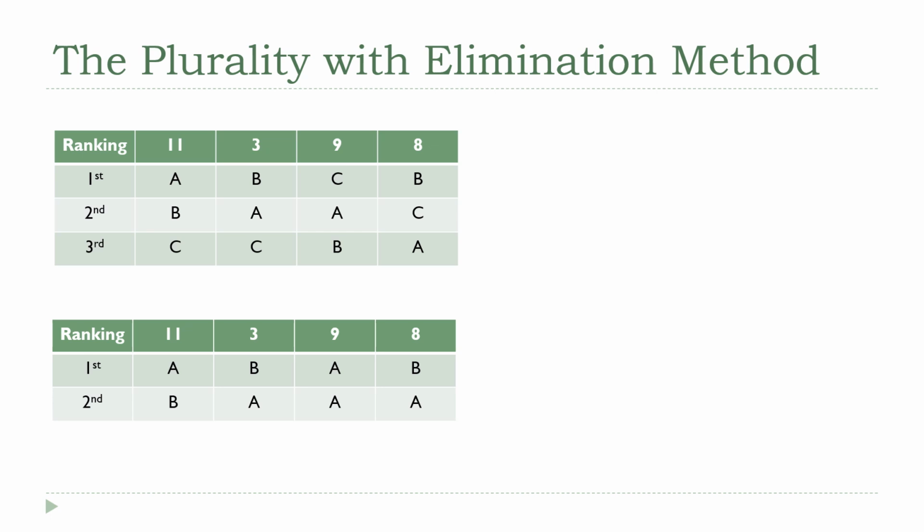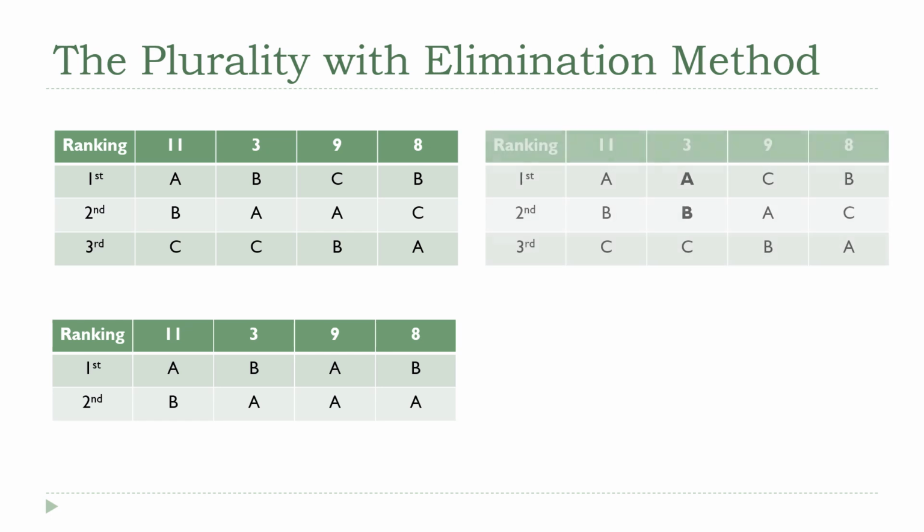So let's say you have that kind of situation here, and the people in that 3-vote group see that candidate A is going to win, and they say, okay, you know what, we're going to switch our vote. We can see you're going to win. We're going to vote for you instead of candidate B.